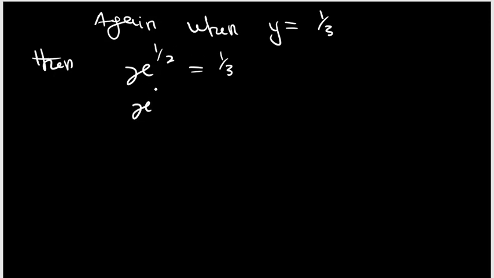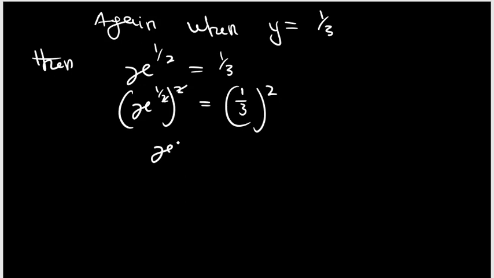So we are going to have our x exponent 1 over 2 all squared being equal to 1 over 3 all squared, so that this 2 can cancel this. It's the same as the square root, so please don't get confused. So we are going to have x exponent 1 being equal to 1 over 9. In this case, this exponent 2 affects the 1. The same exponent 2 affects the 3. Okay. So this will give us x being equal to 1 over 9.